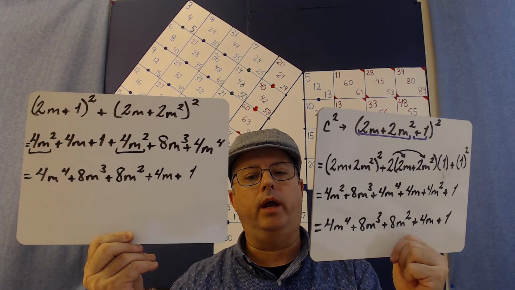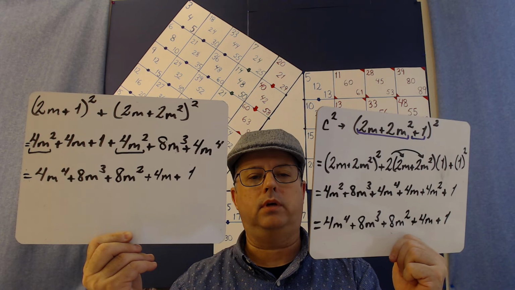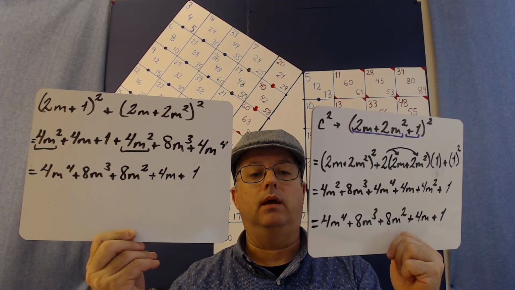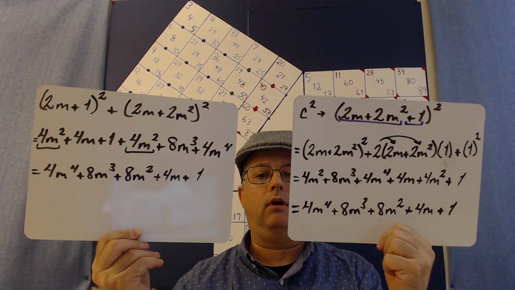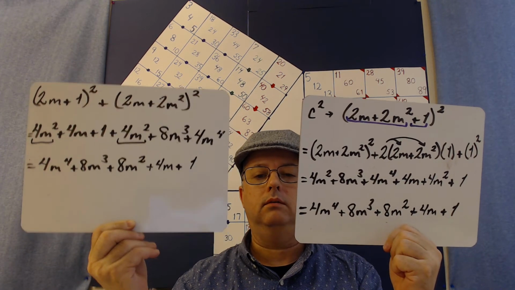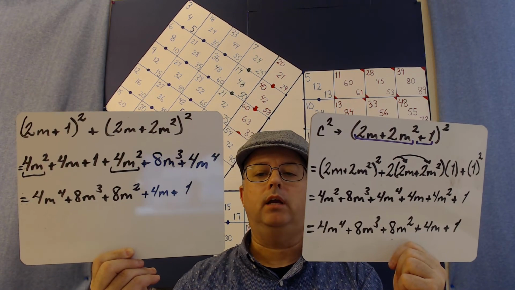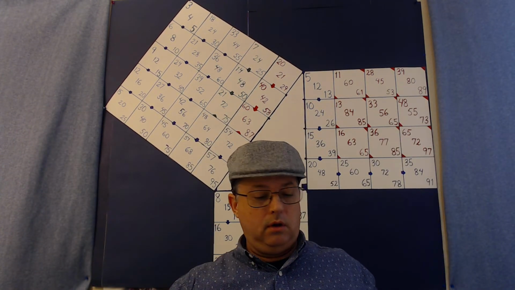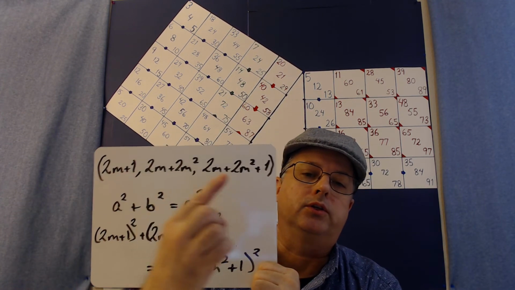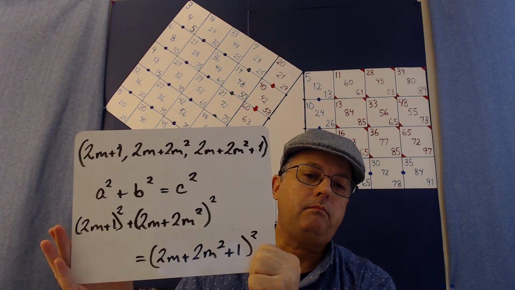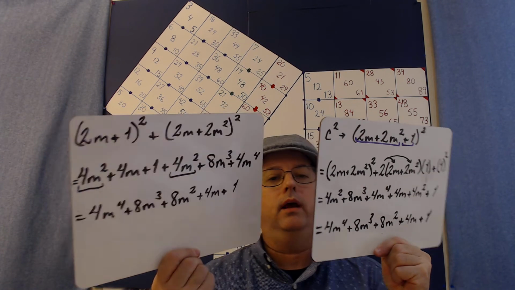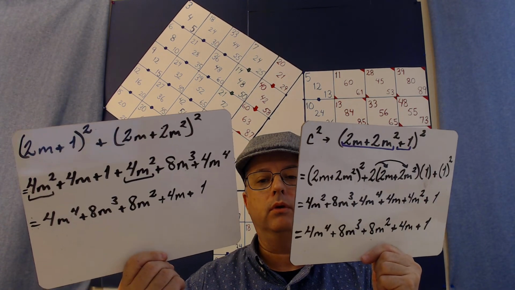And that gave us 4m to the 4th plus 8m to the 3rd plus 8m to the 2nd plus 4m plus 1. And now our c squared gave, hey, those things matched, don't they? Yes. So what we said is true: if we take these expressions and plug them into the Pythagorean theorem in this fashion, then we do, in fact, get a squared plus b squared equals c squared.